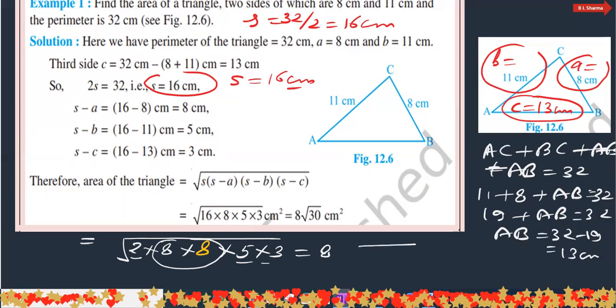You can take 1 8 outside out of 2 8, and internally inside 2 into 5 into 3, that is 8, 2 5 are 10, 3 are 30.